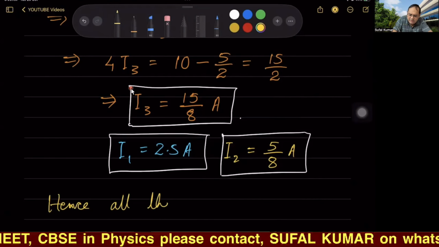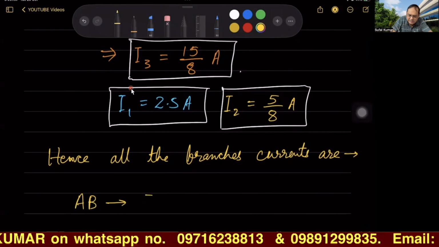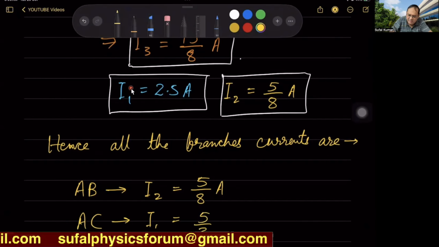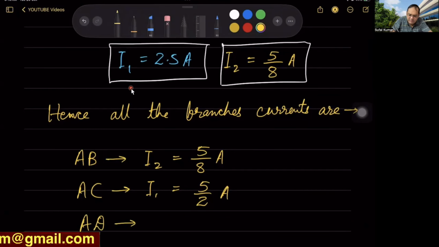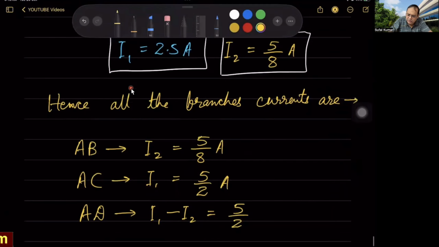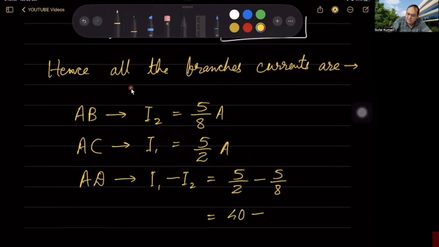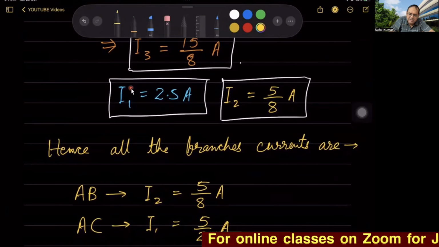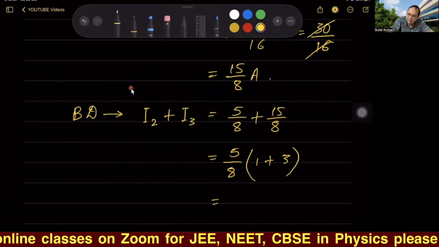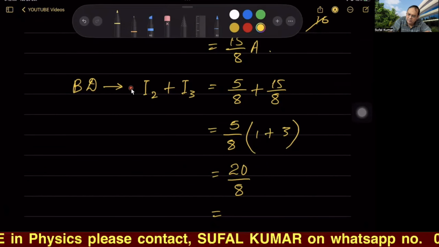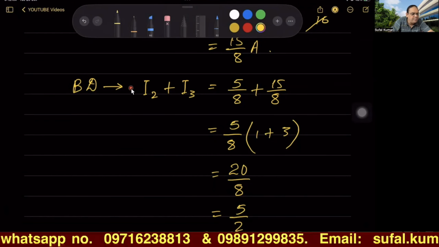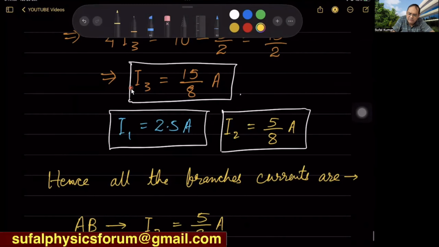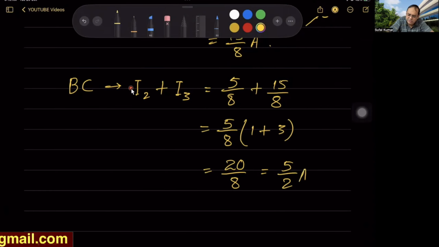Hence, all the branches: AB, that is I2, 5 by 8 ampere; AC, I1, 5 by 2 ampere; AD, I1 minus I2, 5 by 2 minus 5 by 8; BD is I2 plus I3, 5 by 8 plus 15 by 8, 20 by 8, 5 by 2 ampere.